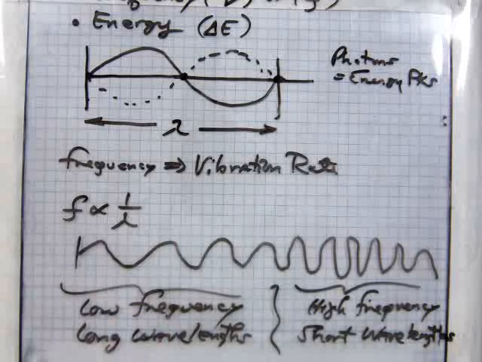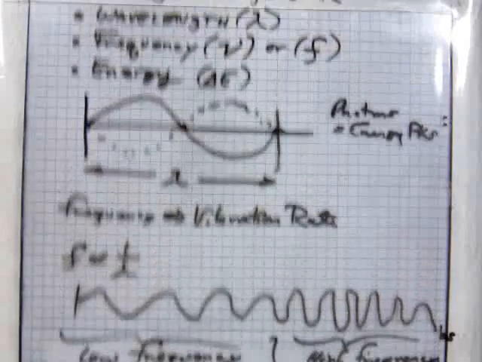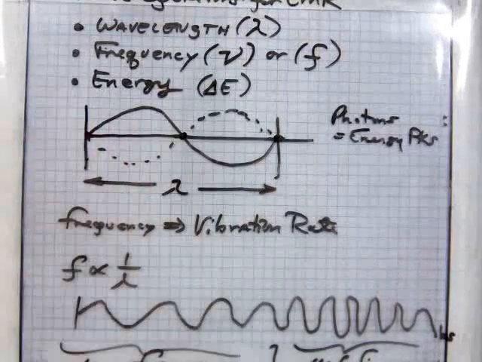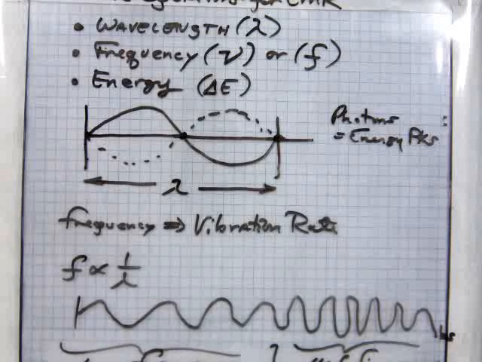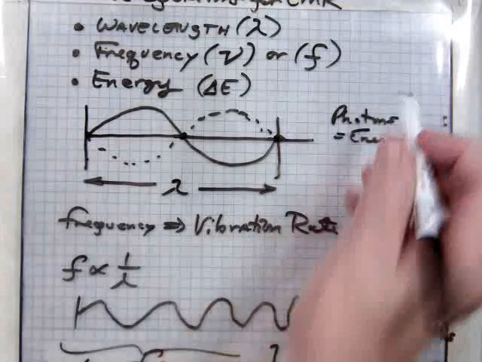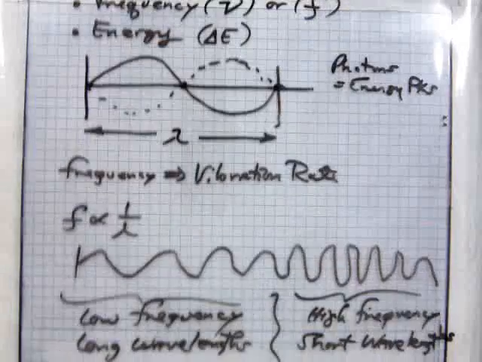Now, there is one more wave variable I haven't brought in there, and that's the speed of the wave. Well, since we're talking about electromagnetic radiation, the only thing you need is the speed of electromagnetic radiation in a vacuum, the speed of light in a vacuum.